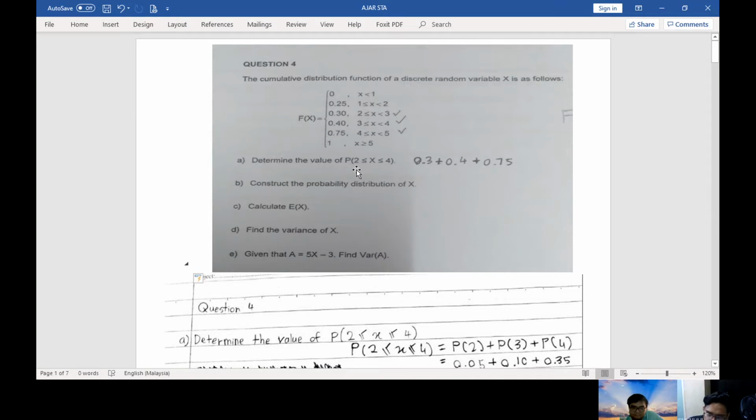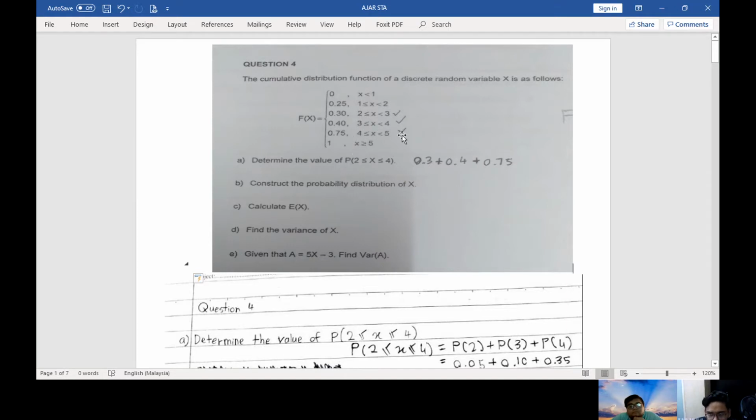Determine the value of P(2 ≤ X ≤ 4). You can do it like this: 0.3 plus 0.4 plus 0.75.